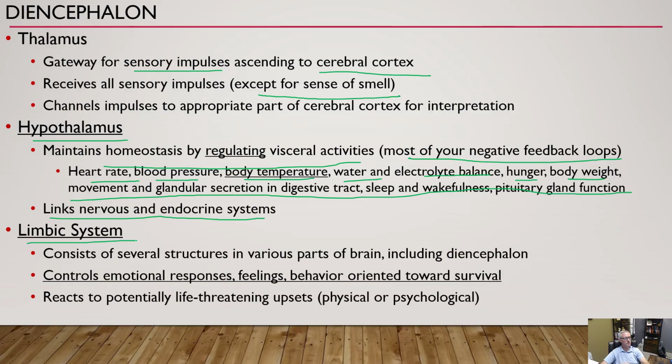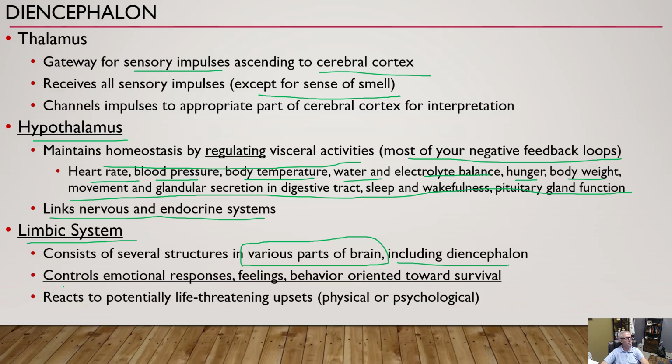Your limbic system is actually not really identifiable because there's really no stopping and starting part to your limbic system. We'll see the limbic system in various parts of your brain, including the diencephalon.